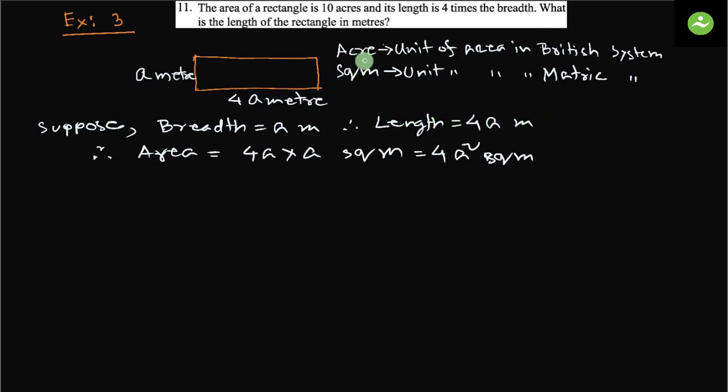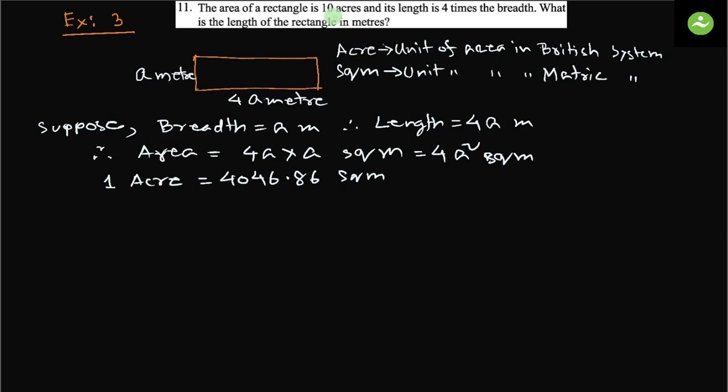Is there any relation between the two? Can we convert acre into square meter? Yes, we can. 1 acre equals 4046.86 square meter.